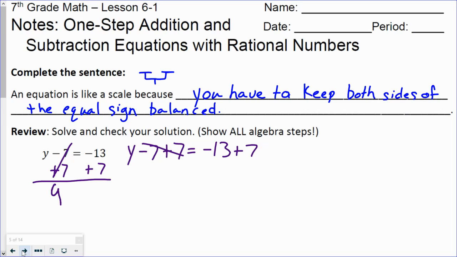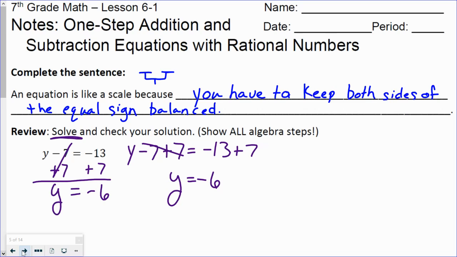Then we're only left with y equals some number. We have different signs. If I owe you $13 and only give you 7, I still owe you $6 more. So that is how we solve and get our solution.